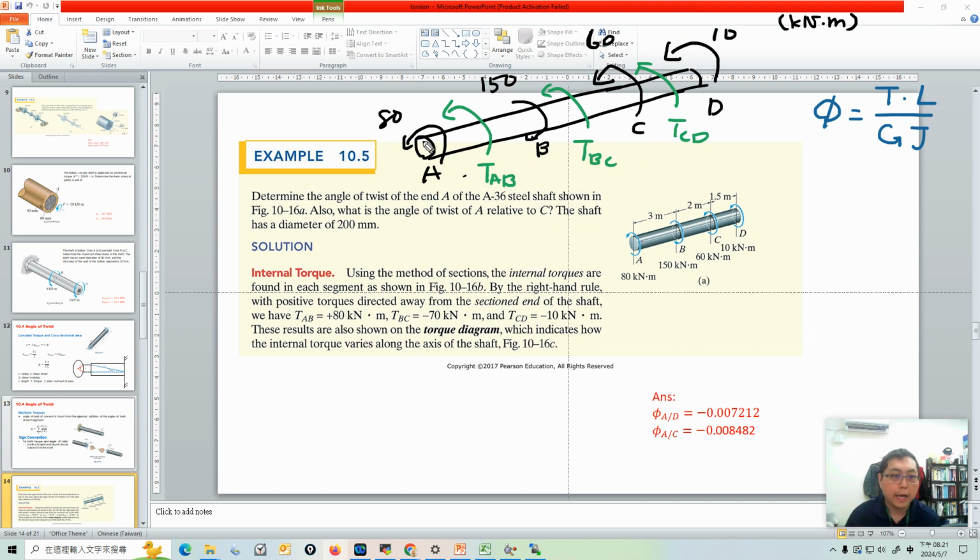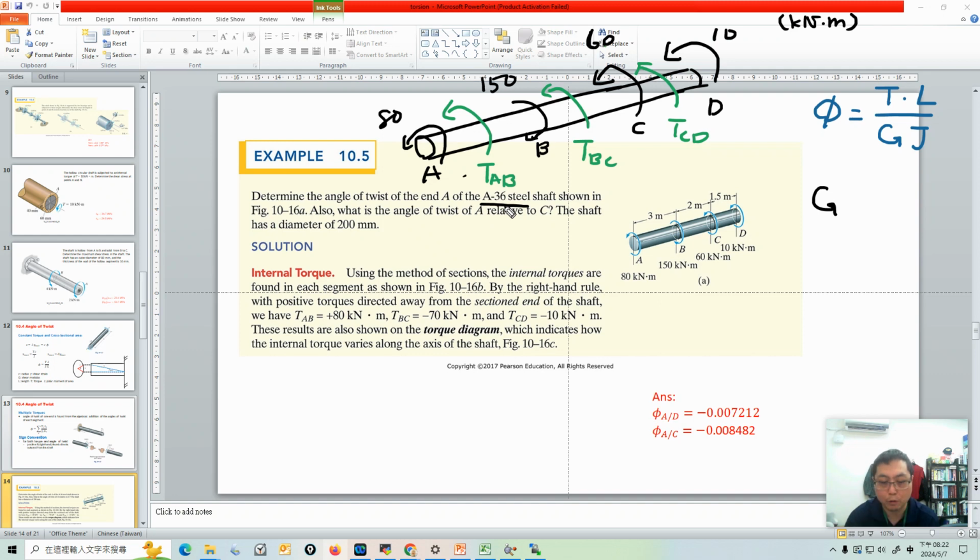This is the same rod, so it has the same G. What is G? This problem doesn't give you the value of G, but it gives you the name of the material, steel. Previously we had a similar problem in axial loading where the problem didn't give you the elastic modulus but gave you the name of the bar, so you had to look up the chart.